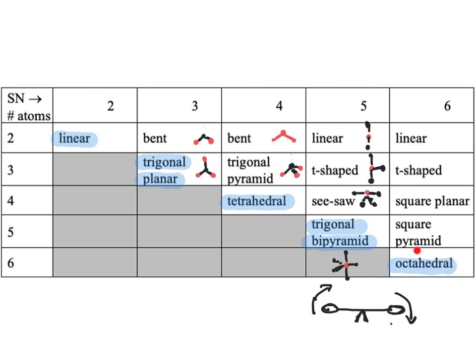So we can do the same thing for the octahedral shape. And if we do that, remember that the octahedron starts out looking like this, with 4 atoms around the middle and an atom top and bottom. And here, the first atom I remove doesn't matter because all the angles are 90 degrees.